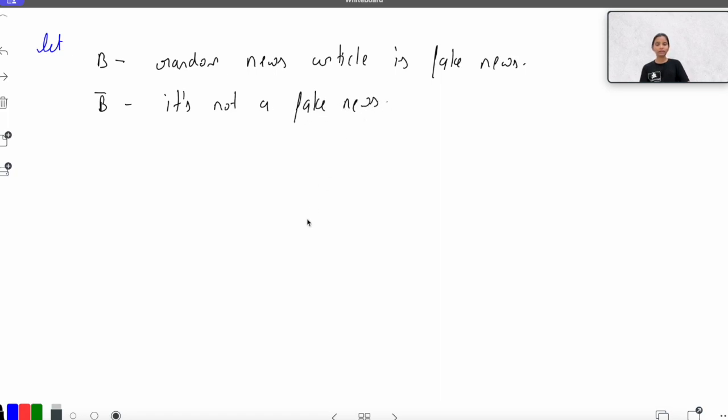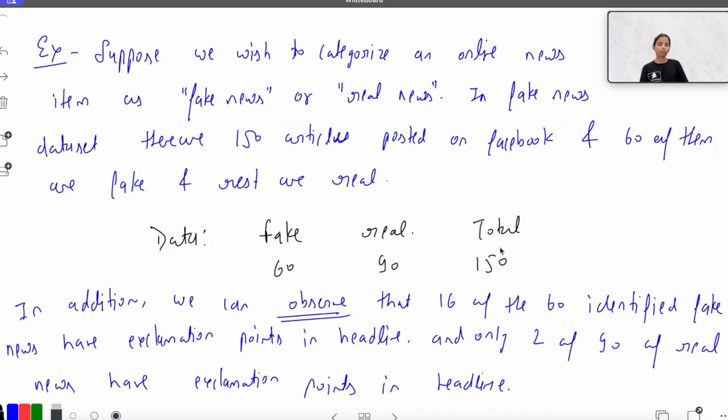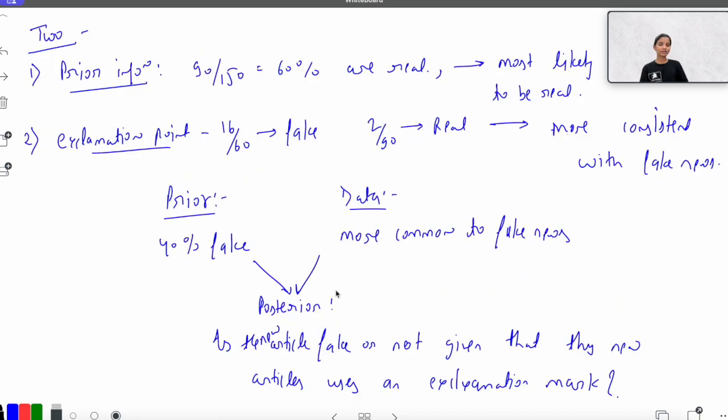Okay, and we already know the probabilities corresponding to it, from the prior information that out of 150, 90 of the articles are real.